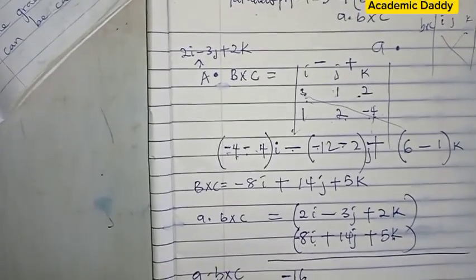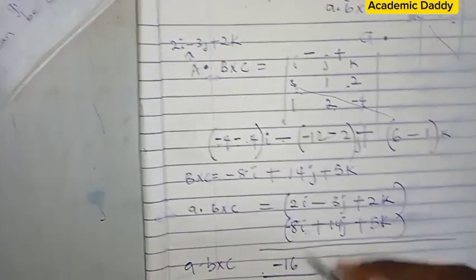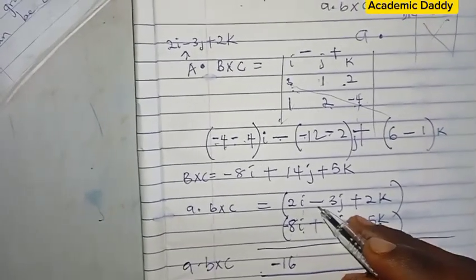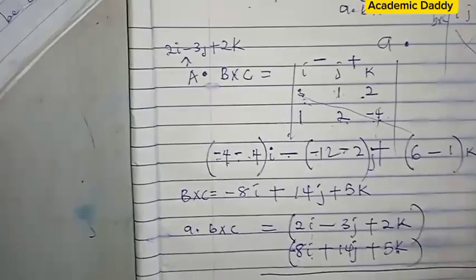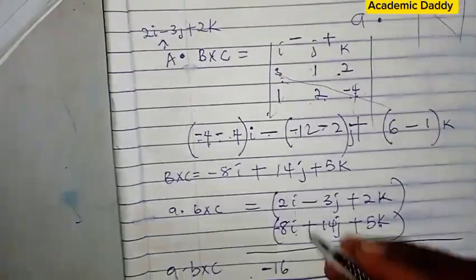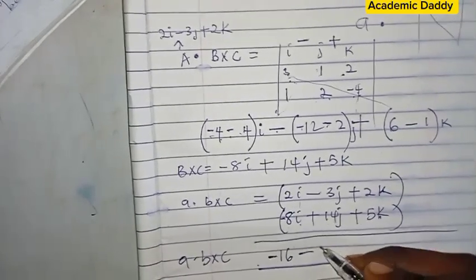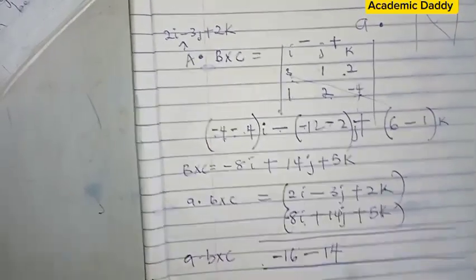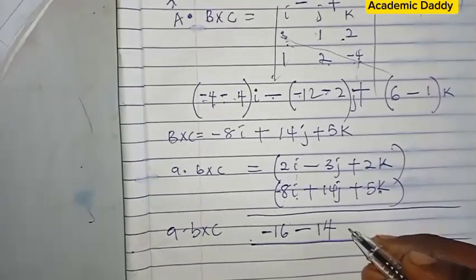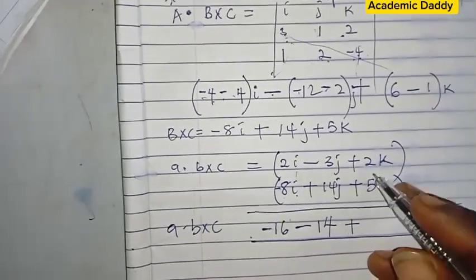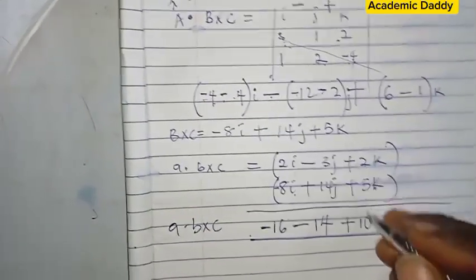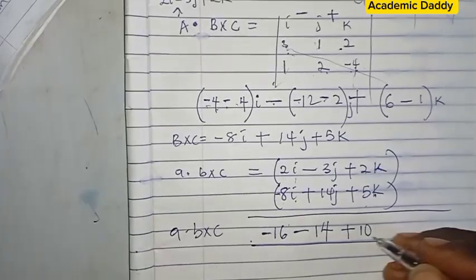I dot I is 1. Then minus 3 times 14 is 42, but it's carrying a minus, so minus 42. J dot J is 1. Then plus 2 times 5 is 10. K dot K is 1. 1 times 10 is this.